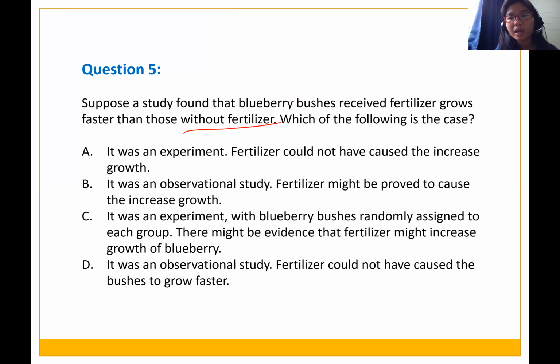Obviously there is an intervention here, in the fact that some bushes will have fertilizer and some will be chosen to not have fertilizer. And so clearly it's an experiment. So we can immediately delete B and D, which say that it's an observational study. Obviously in reality, the choice to give a plant fertilizer or not depends on us.